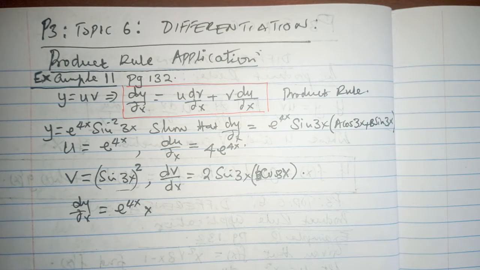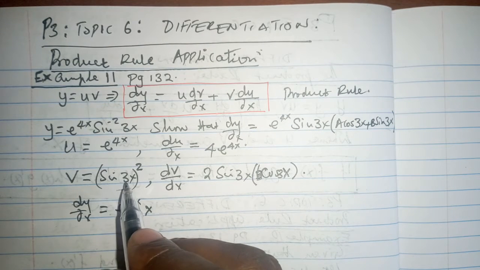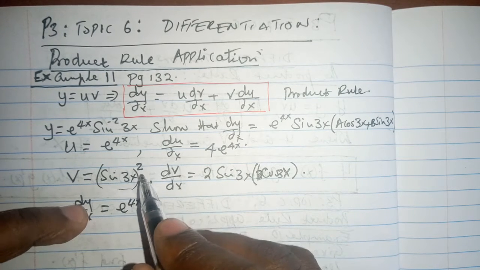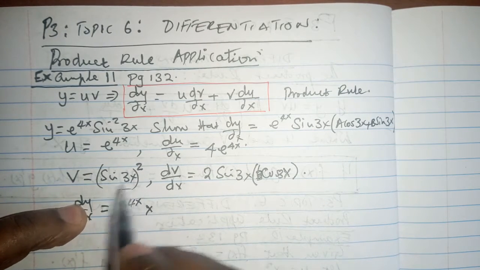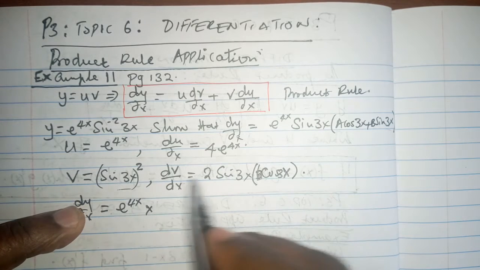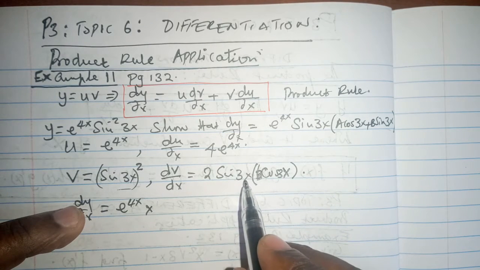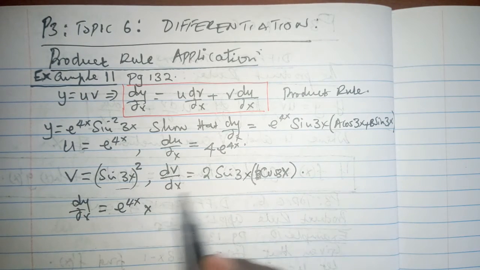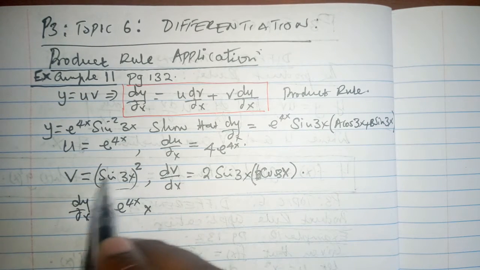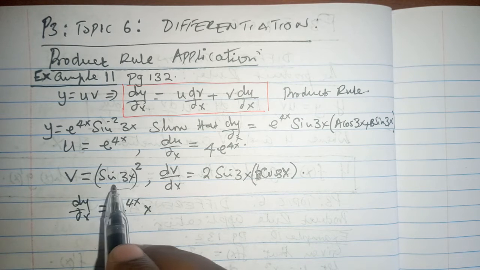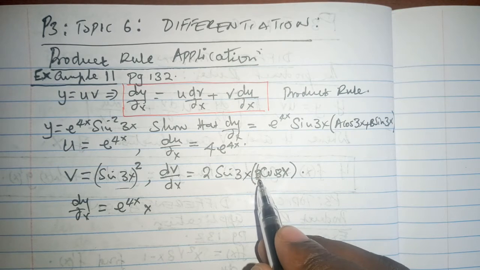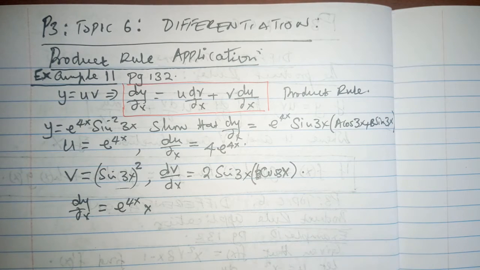And our v is sine 3x, which is squared, and dv dx is, first of all, we need to differentiate the entire function, which is 2 sine 3x, raised to power 1, times the derivative of the internal function. And the derivative of sine 3x is 3 cosine 3x.